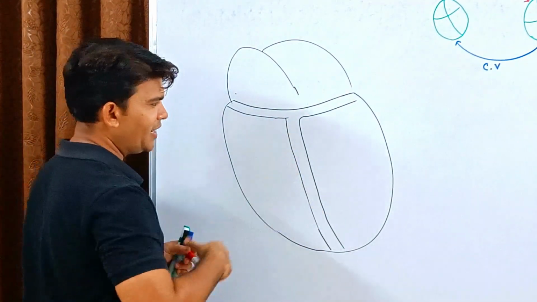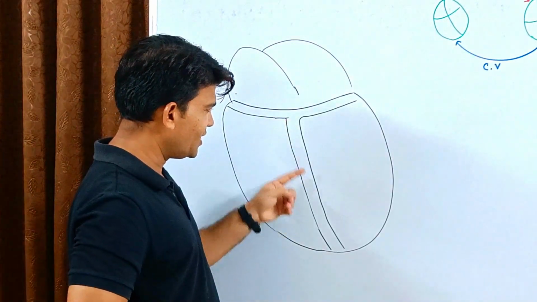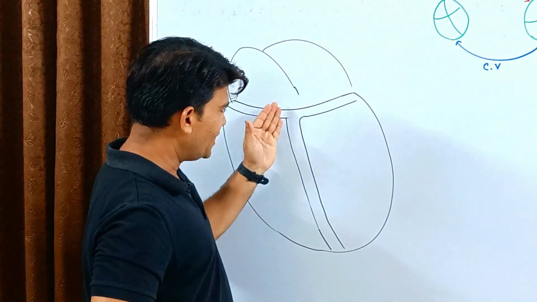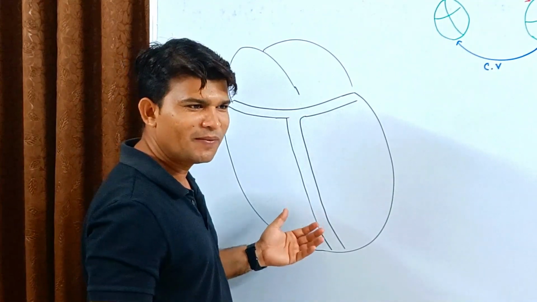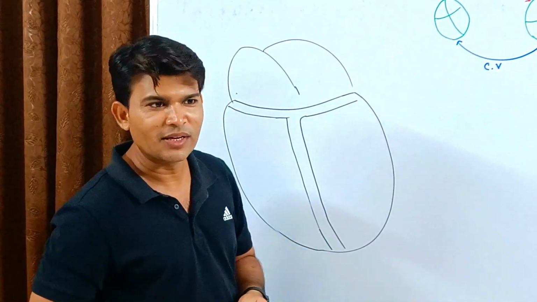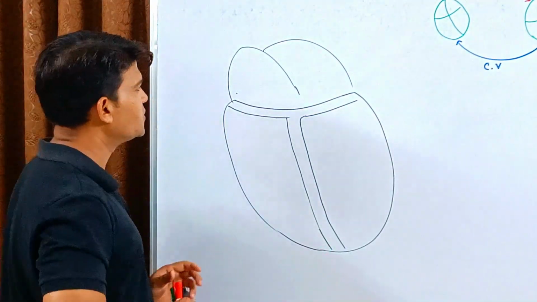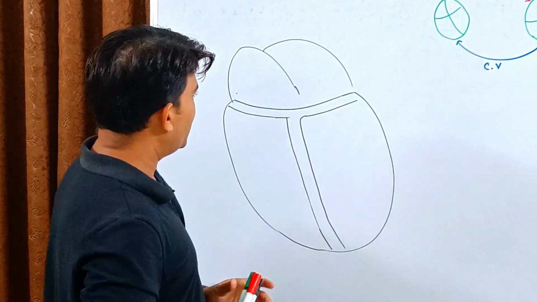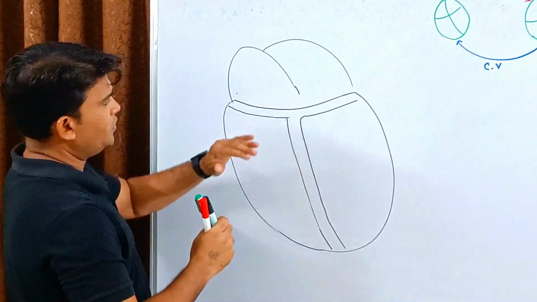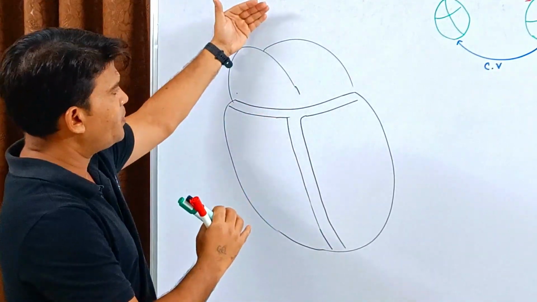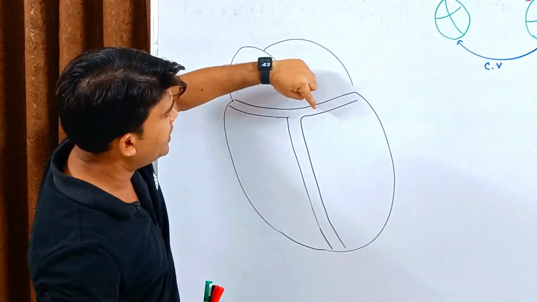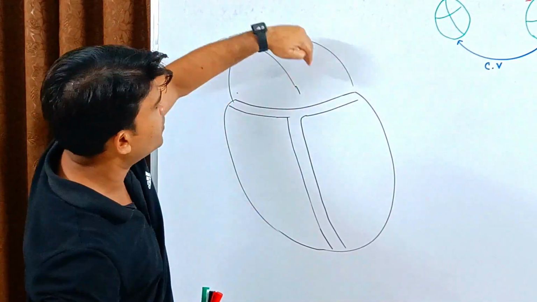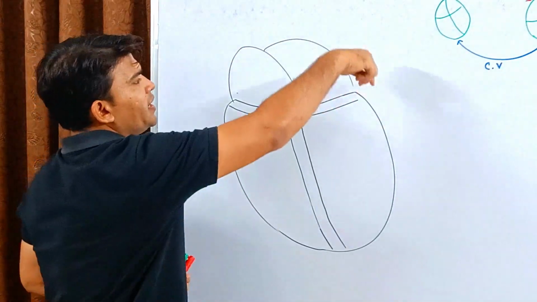You know the artery which runs down in the anterior longitudinal sulcus. The name of the artery should be LAD, left anterior descending, that we are going to discuss. Okay, and you can imagine the posterior part. See, this is anterior, then traveling to the left side, then posterior and right side.